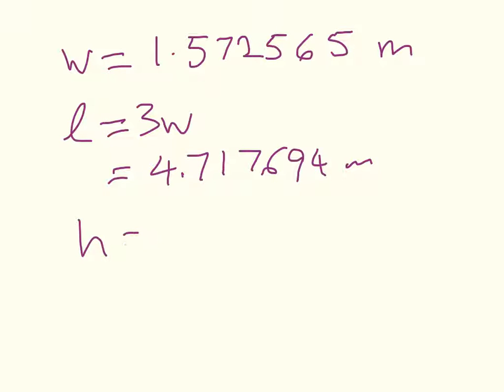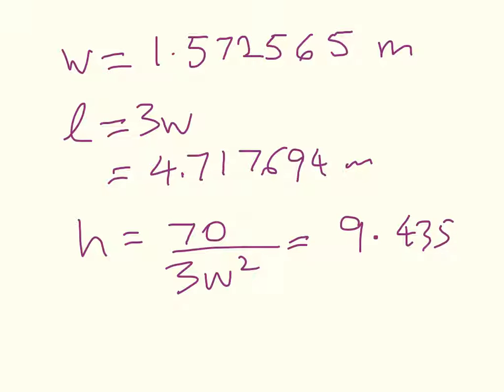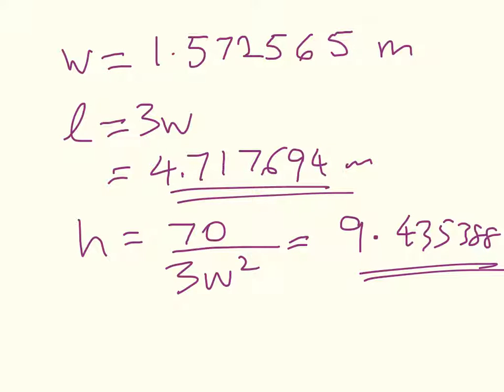Lastly, the height will be equal to 70 over 3W squared, and that works out to be 9.435388 metres. So now I want to round those, but I don't want to do the rounding until I've figured out those two there. Okay.